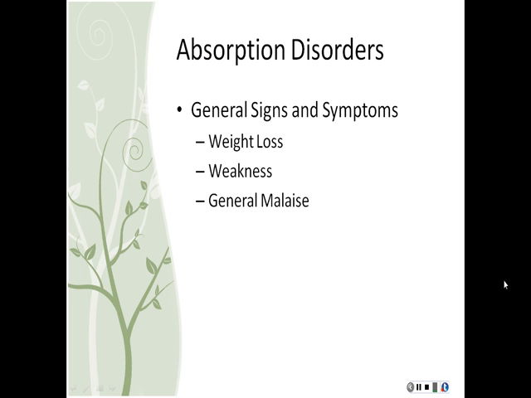Upper GI series may be done, biopsies of bowel mucosa, and also stool studies. Table 34-7 on the bottom of 761 has a lot more information on diagnostic testing that you can look up for malabsorption disorders.